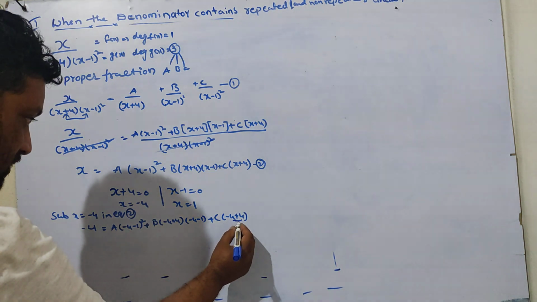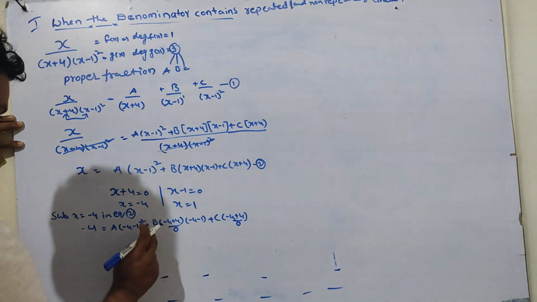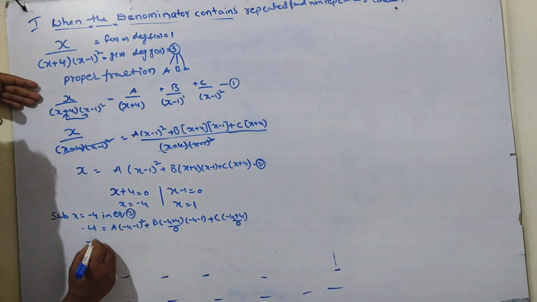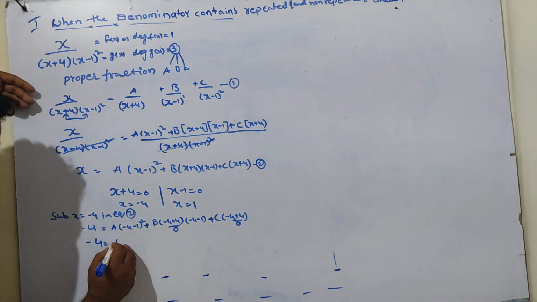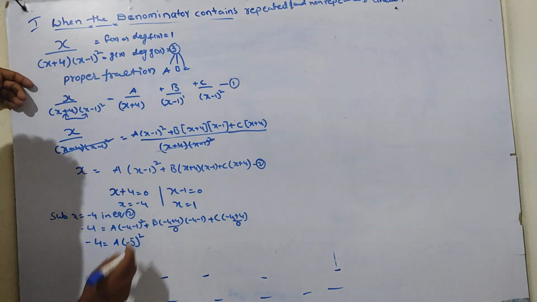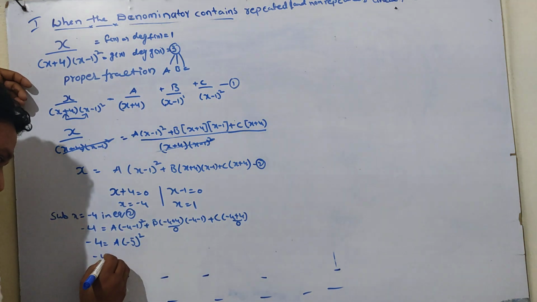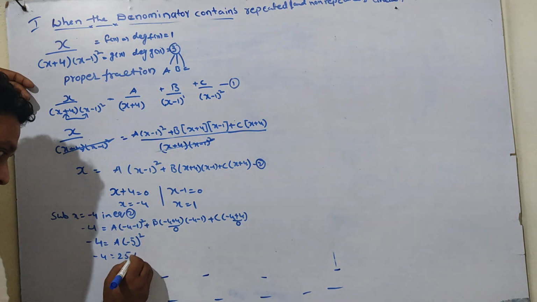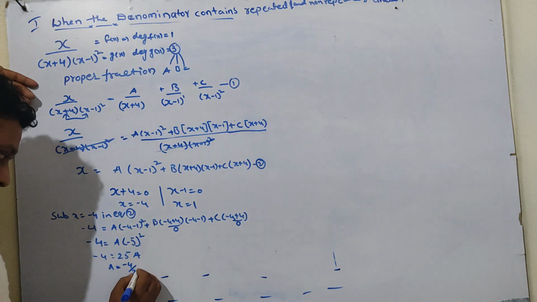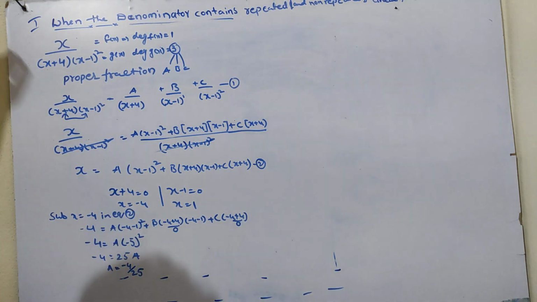So minus 4 plus 4 value is 0, and 0 into something is 0. So at last we get the a value, that is minus 4 is equal to a of minus 5 whole square. Minus 5 whole square means 25, that is 25a. Then a is equal to minus 4 by 25.